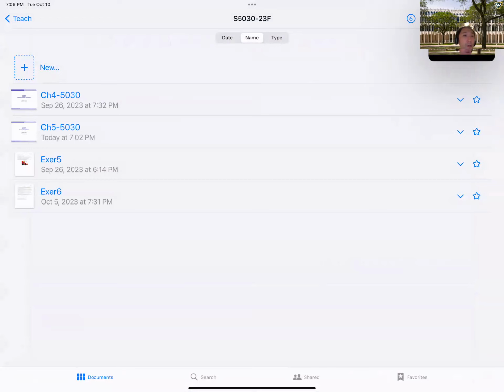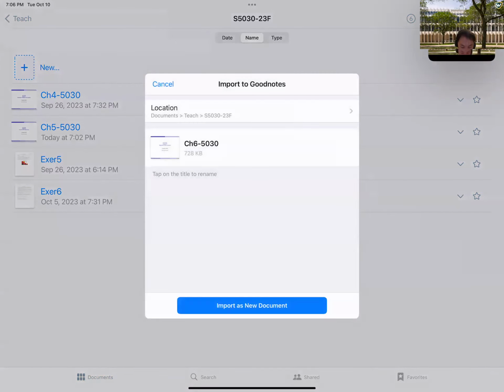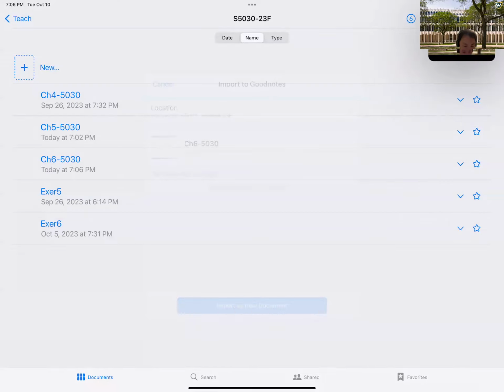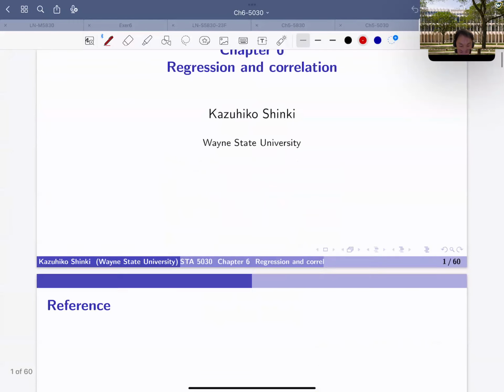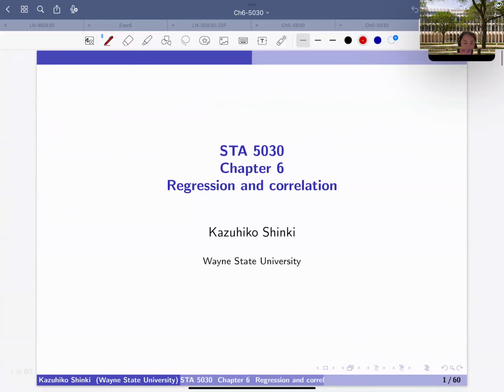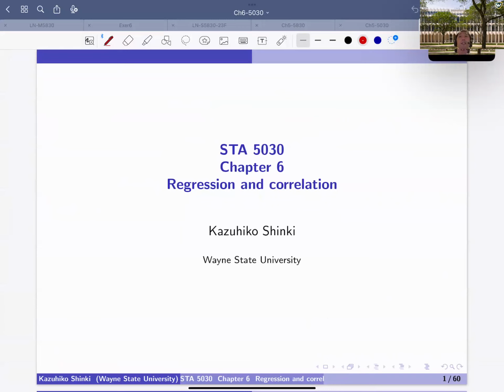And we have to go to chapter 6. The chapter 6 slides are available, so you can download them. Chapter 6 is about regression and correlation.